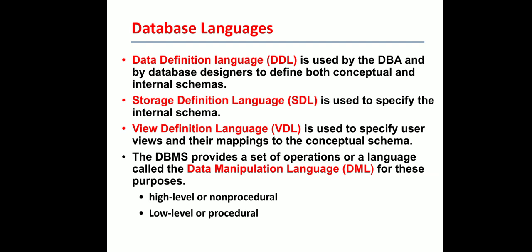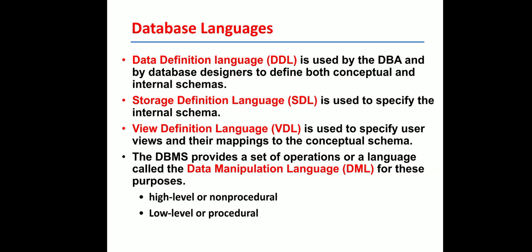Low level means we understand the structure of your database storage, how the data is stored in your database. High level is how the data is represented to the user end. The conceptual schema is in between the low level and high level. We call this the three schema architecture.